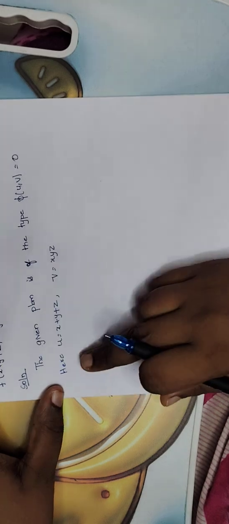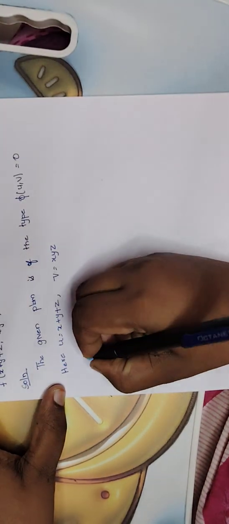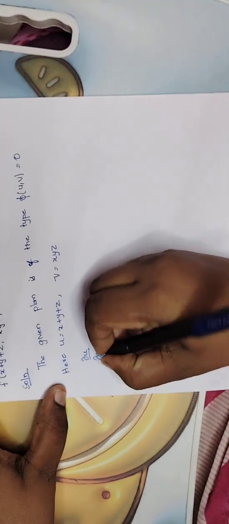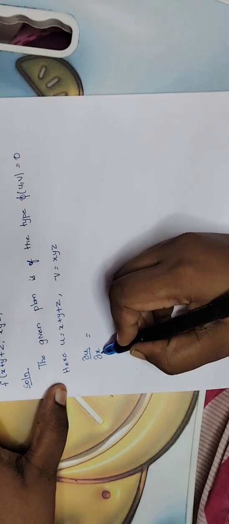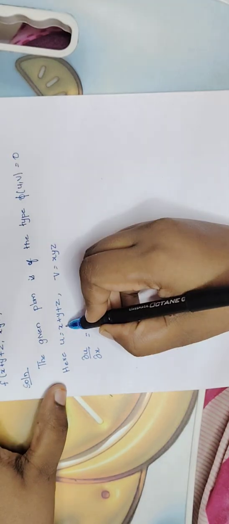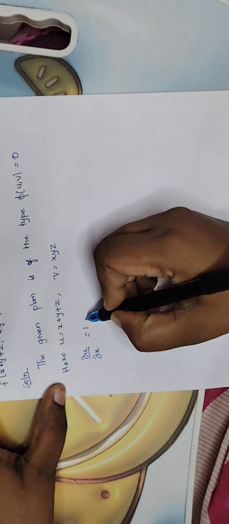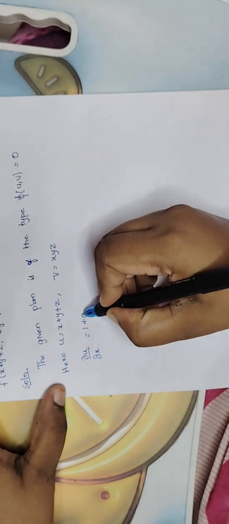Okay, after writing u and v, you need to write dou u by dou x. So dou u by dou x is nothing but we need to differentiate these terms with respect to x. If we differentiate x, the value is 1 plus. If we differentiate y, the value is 0 because the differentiation is with respect to x.